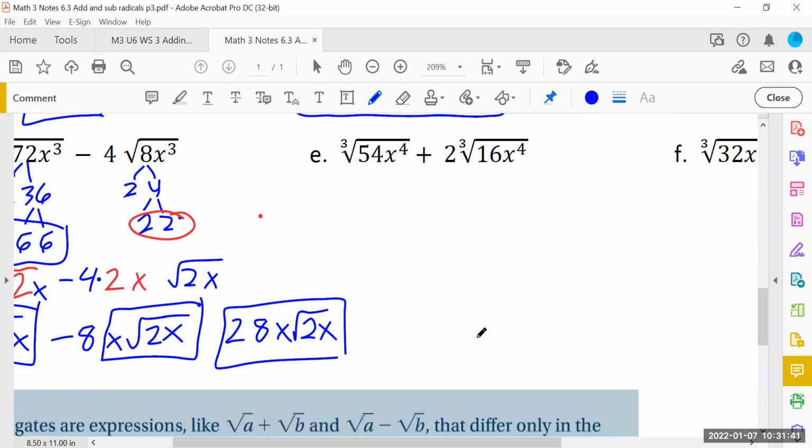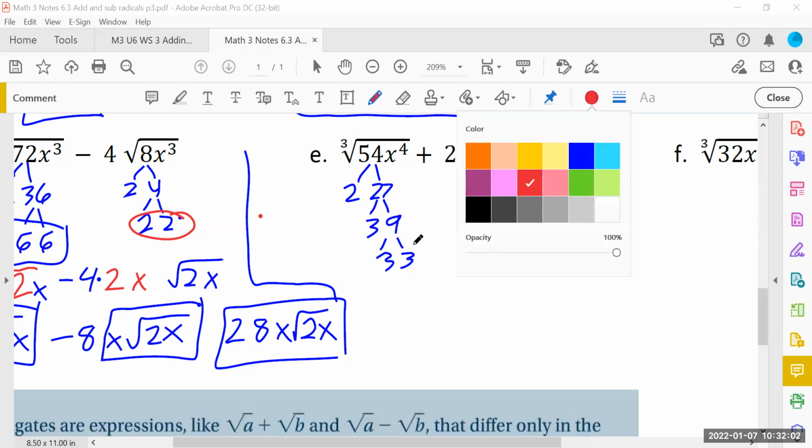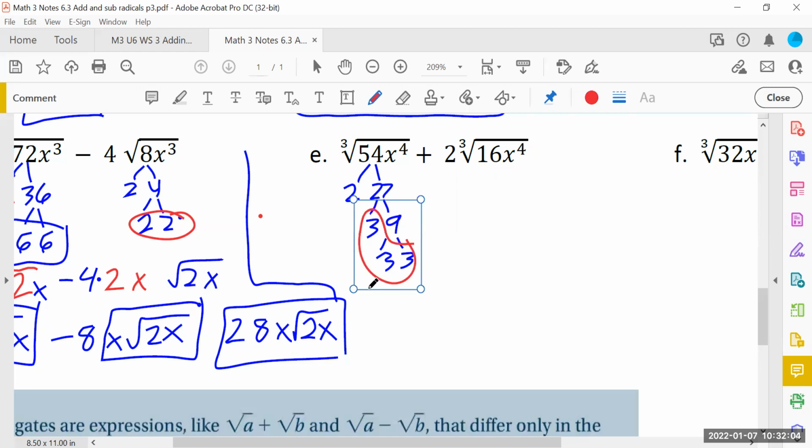Letter E, cube root of 54x to the 4th. I'm going to break apart that 54. 54 is 2 and 27, which would be 3 and 9, which would be 3 and 3. Looking for sets of 3. I have one. 3 3's comes out.